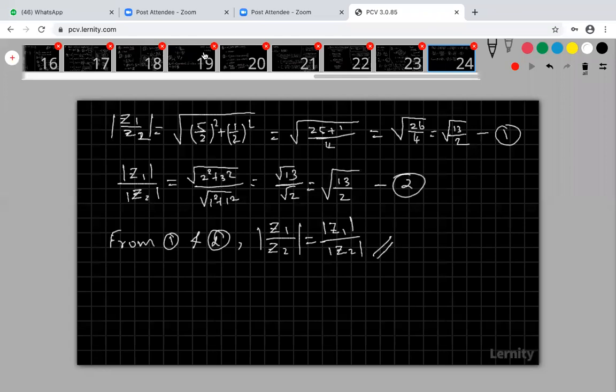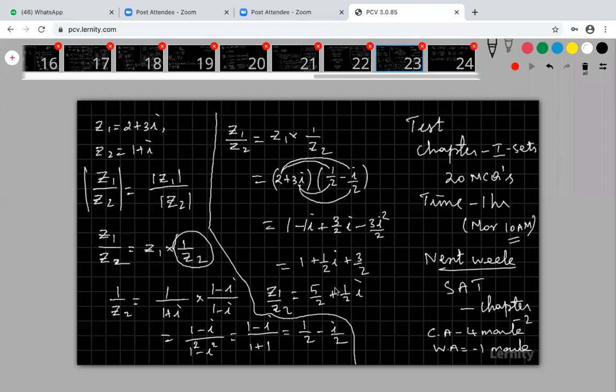Are you okay, Yalini? Find the conjugate. This is my Z1 by Z2, right? What is the conjugate of this?